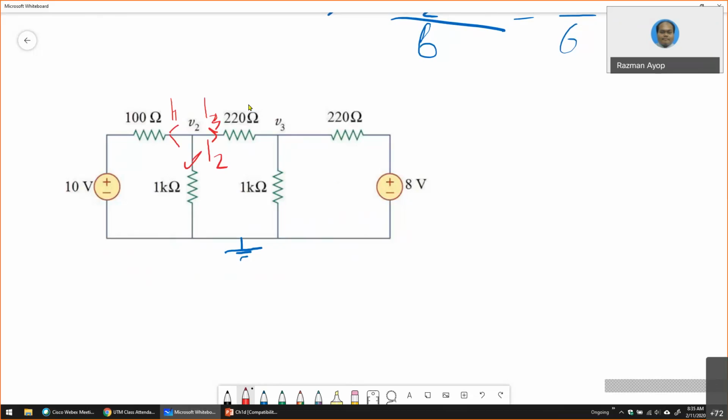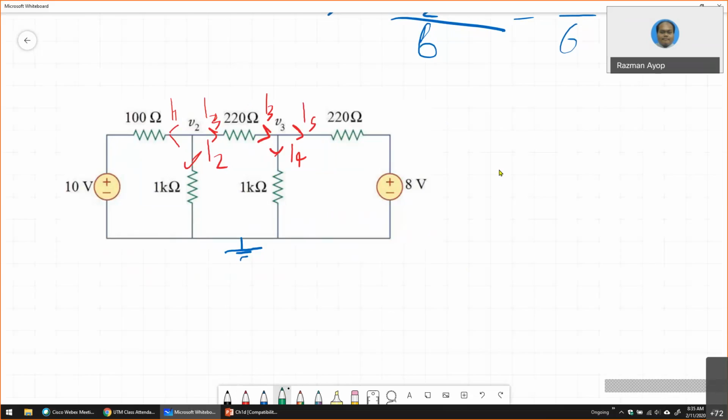Then at node V3, because I3 is already assigned, you have to choose the direction according to the previous assignment. So I3, then the others go outside the node. So this one is I4, this one is I5. After you assign the direction of the current, you apply Kirchhoff current law.